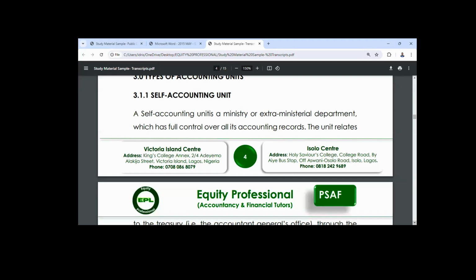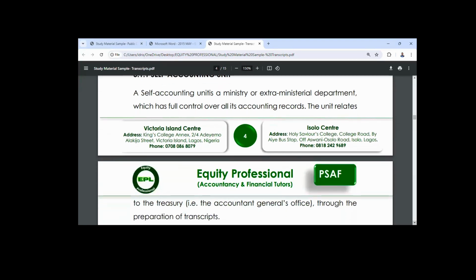Self-accounting units relate directly to the Accountant General. They have control over the accounting record.